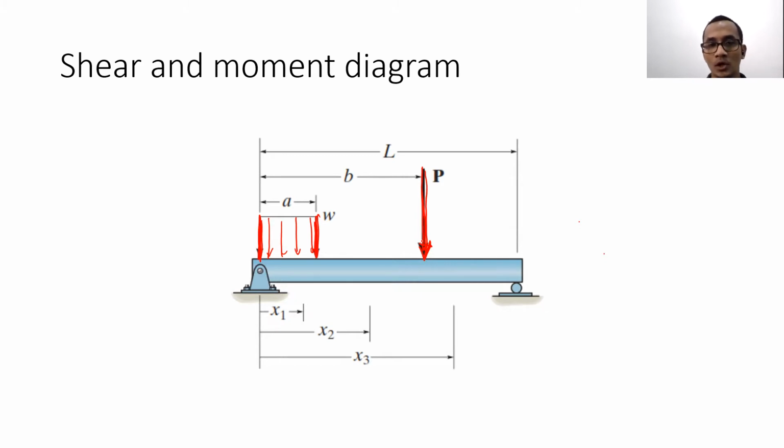The critical location of a particular structure when it's under loading actually depends on the value of the internal moment and the internal force which is happening at the structure. The location where the internal force and the internal moment is maximum is normally the critical place.